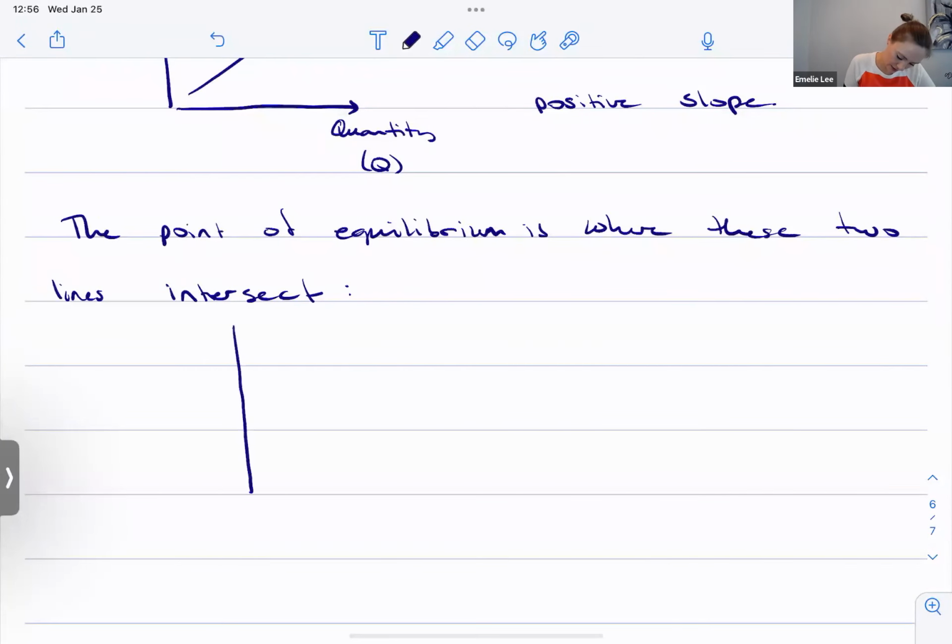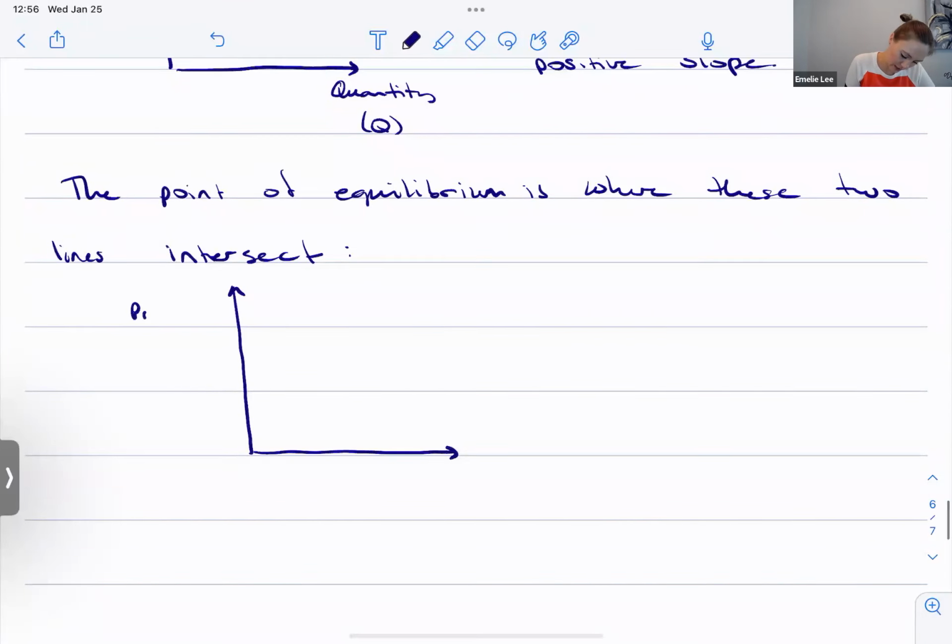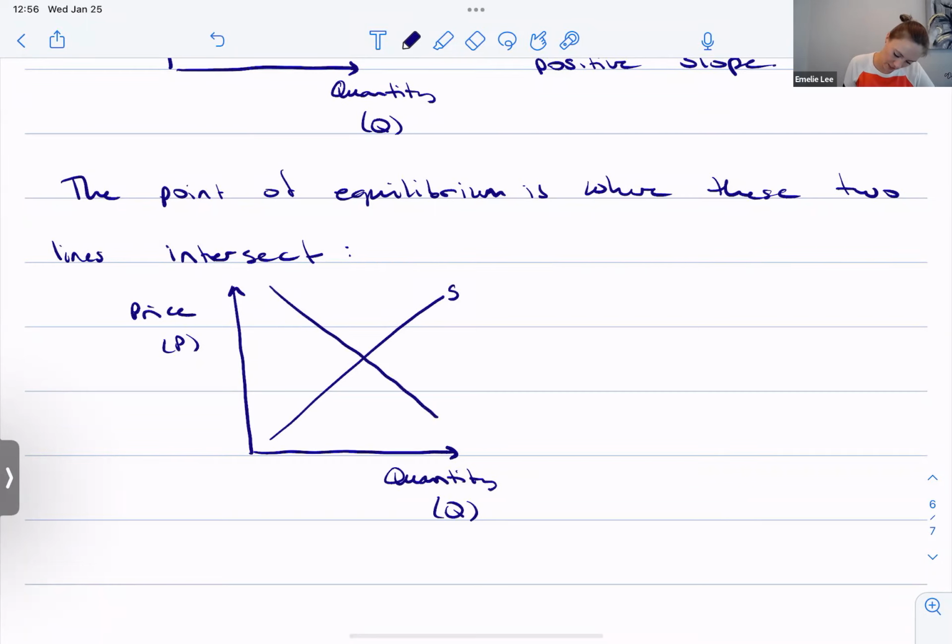So now I have a curve like this. I've got the price, which is P, and the quantity, Q. And I'm going to have some supply curve and some demand curve. And this point where they intersect, this is where everyone agrees, right? This is equilibrium.